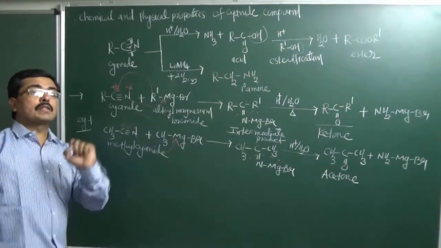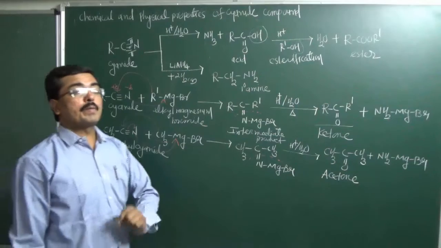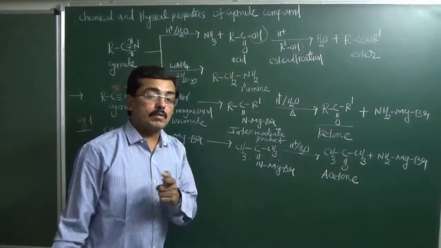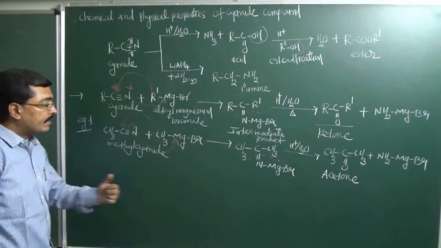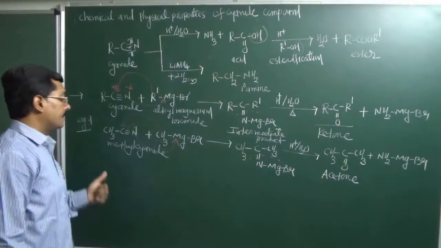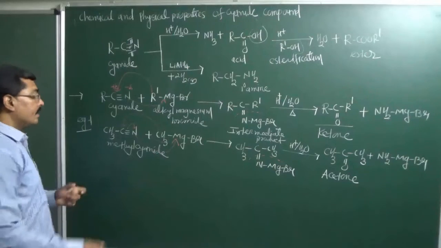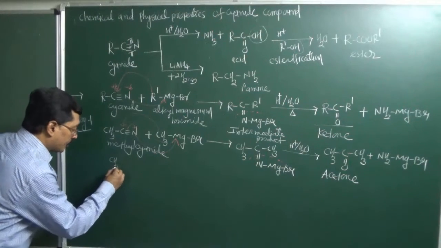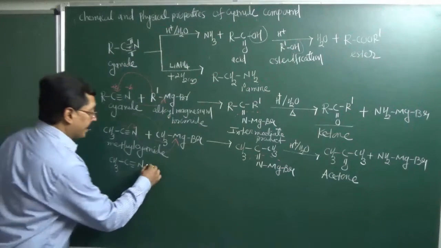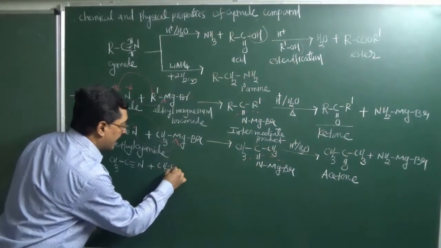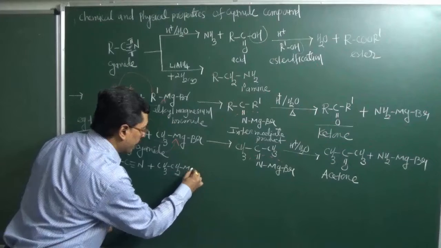So by using this method, suppose we want to prepare 2-butanone, then what do we have to do? We have two different ways, either we take ethyl magnesium bromide or we take ethyl cyanide. Suppose I have taken the same structure, methyl cyanide. It is allowed to react with ethyl magnesium bromide.